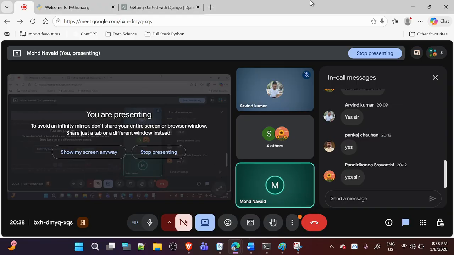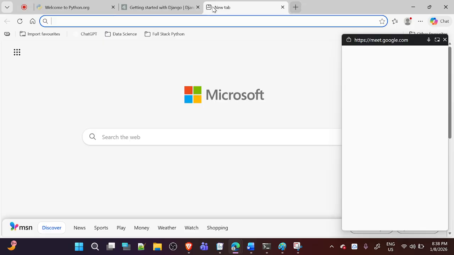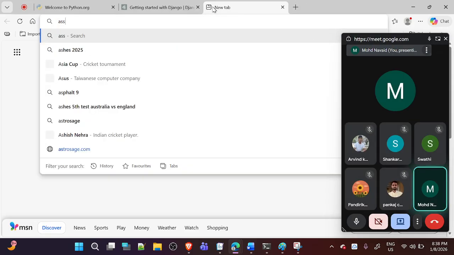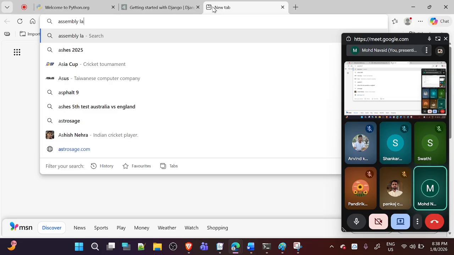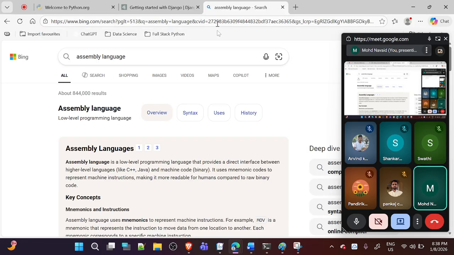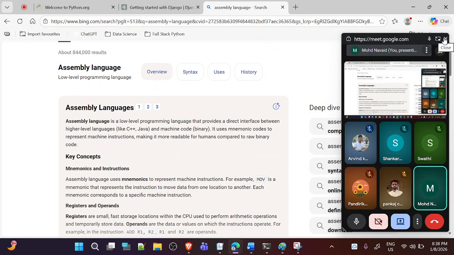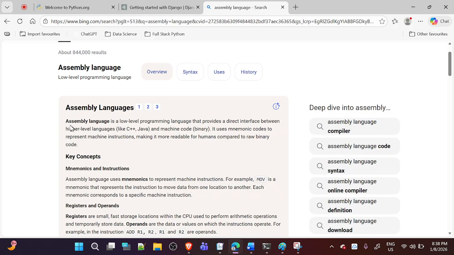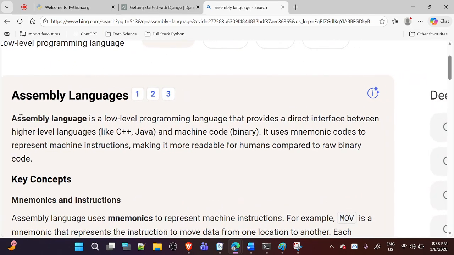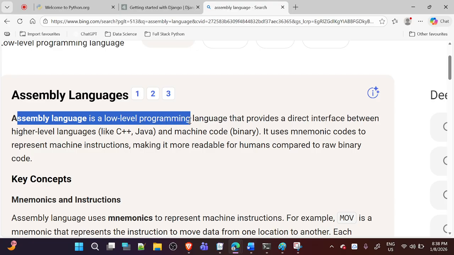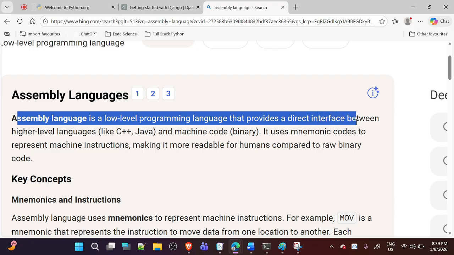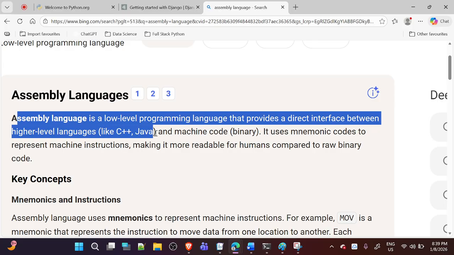Let's see on Google what is assembly language. Here you can see, assembly language is a low-level programming language that provides a direct interface between higher-level languages like C++, Java, and machine code binary.